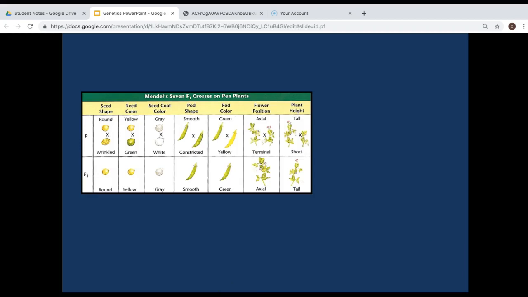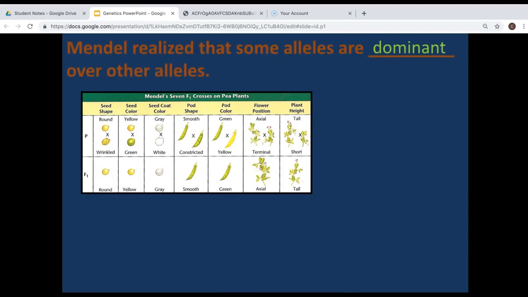So Mendel realized that some alleles were dominant. So if we look at this picture, it's pretty interesting. Seed shape. We breed a round seed plant with a wrinkled seed plant. We get a round seed. So if we look at this data, we can say that round is dominant. Here, yellow is dominant. Gray is dominant.